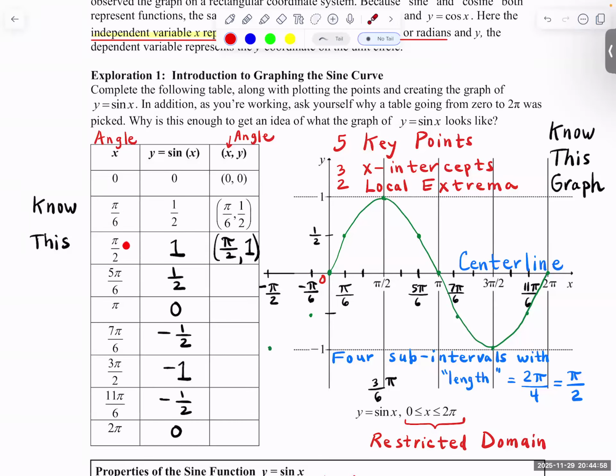Now, the angle measures from 0 to 2 pi, and most of them are sixths, or have a denominator of 6. And on the given graph here, the scale only shows halves, or pi over 2, pi, 3/2 pi, and 2 pi. To find sixths, we can think of converting pi over 2, or 1/2 pi, into 3/6 pi. 1 pi is the same as 6/6 pi.